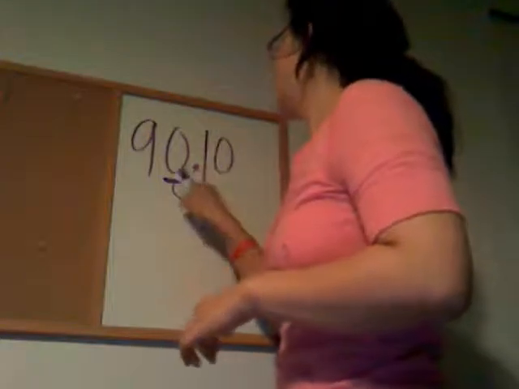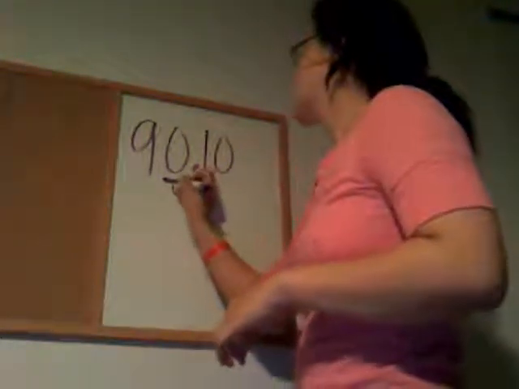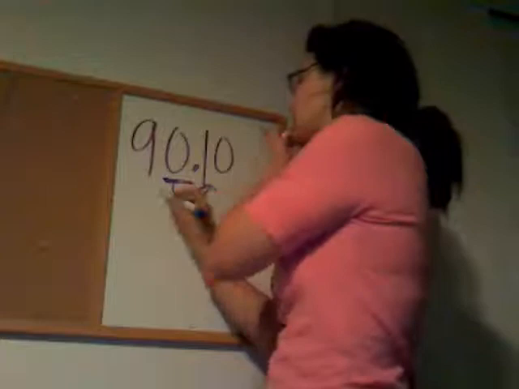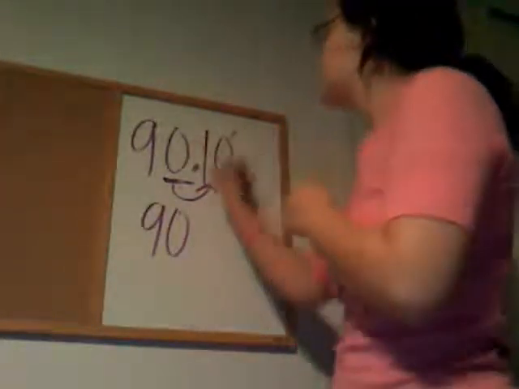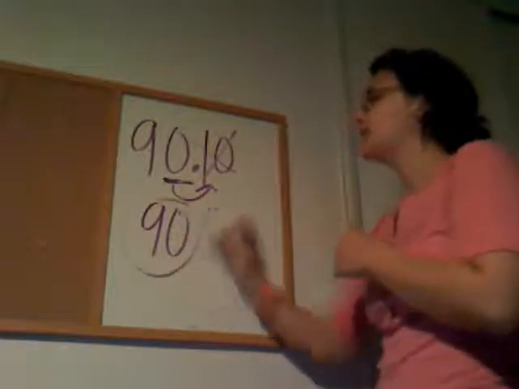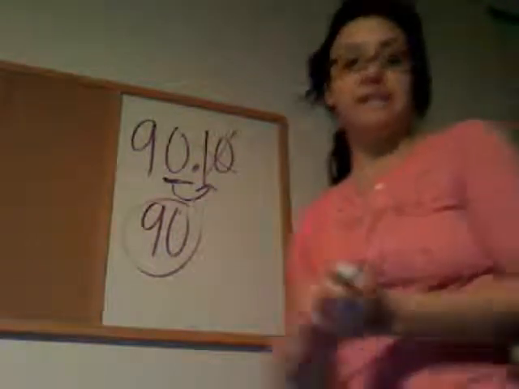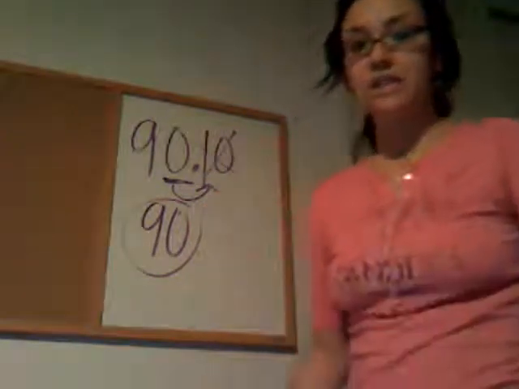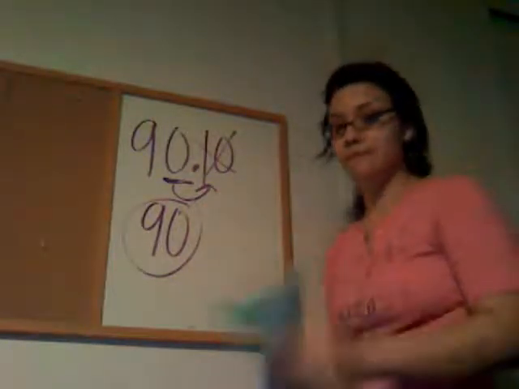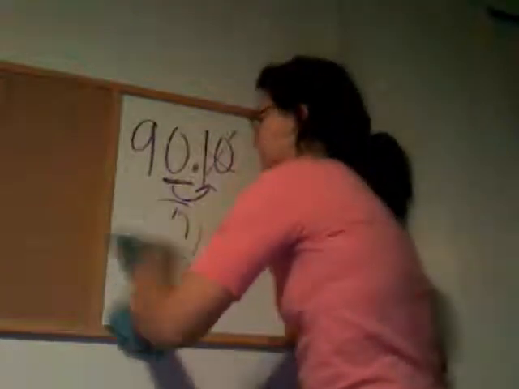No, we don't go up one, so we just stay the same here. We just drop all numbers to the right. So 90 would be our answer. So there's rounding to the nearest whole numbers. Very easy. Once again, working with decimals isn't difficult. It's just a matter of knowing the rules and things like that.